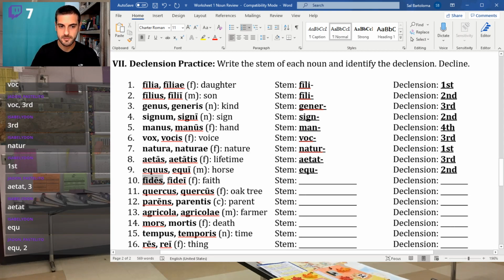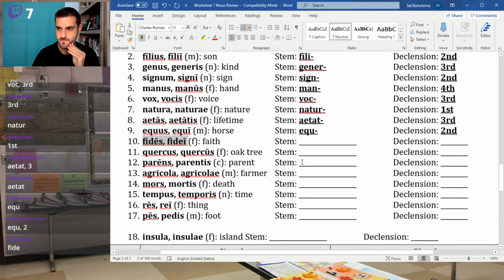What about this word? Fides, fidei. So, this is the rare, but they're out there, fifth declension.